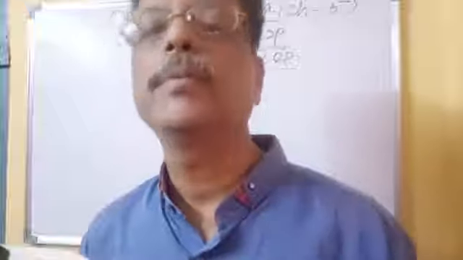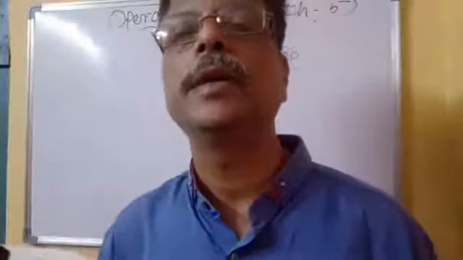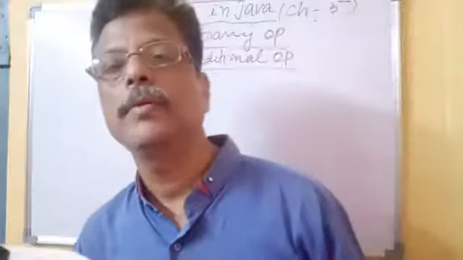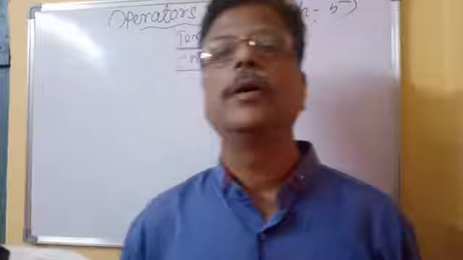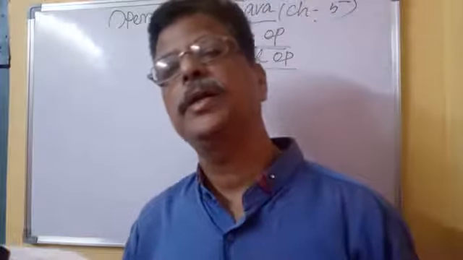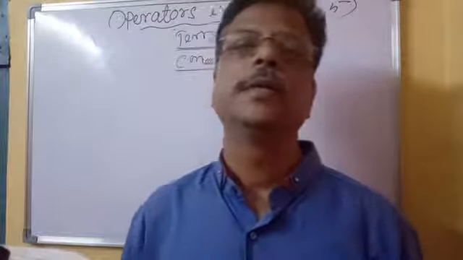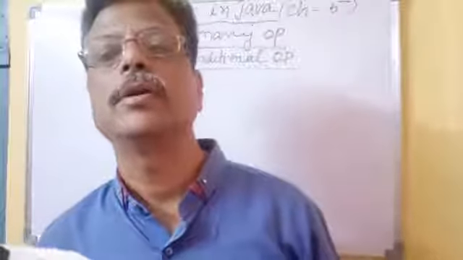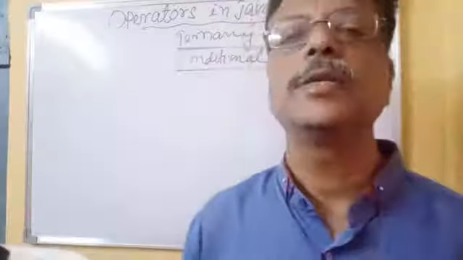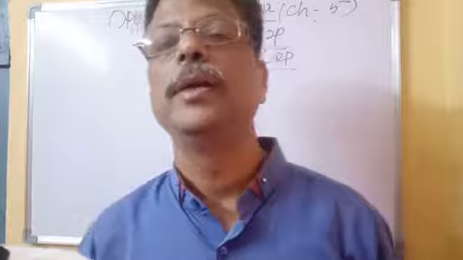Here we use this operator to check a condition, because one of the extra qualities of a computer is that it can perform logical calculation. Logical calculation means comparisons: greater than, less than, equal to or not equal to.